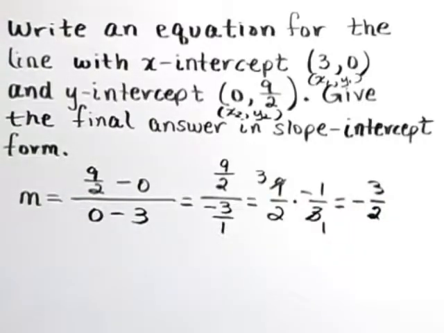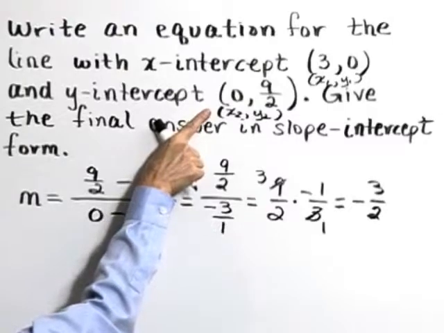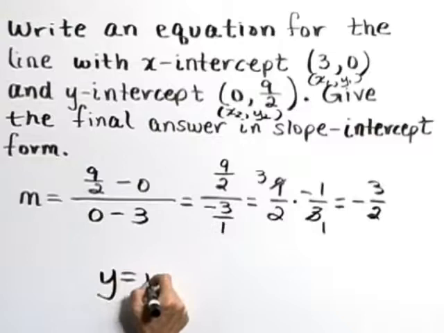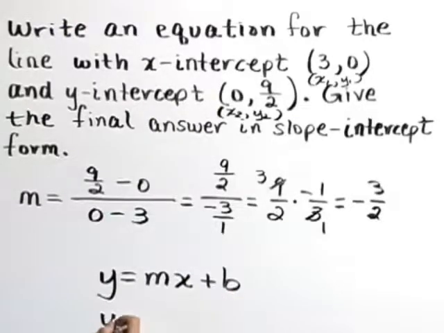The slope is negative 3/2, and let's focus in on this point at (0, 9/2), which is the y-intercept. So why don't we use the equation y equals mx plus b, which is the slope-intercept form of an equation, and let's substitute values.